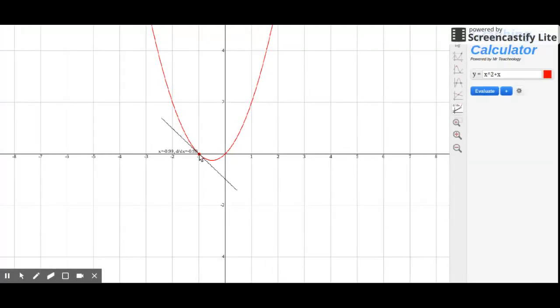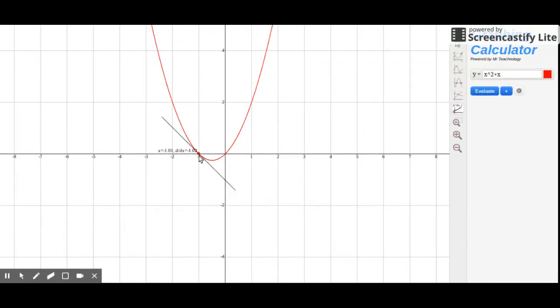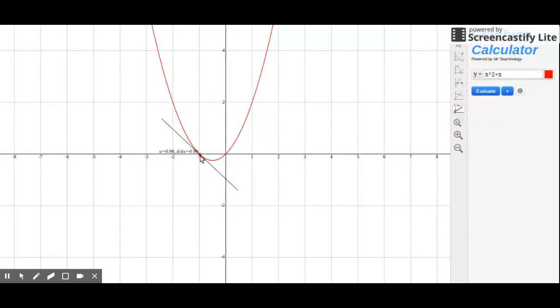And just like what it looks like right here, of course I can't get it exact, but you can see, you get the idea right here.